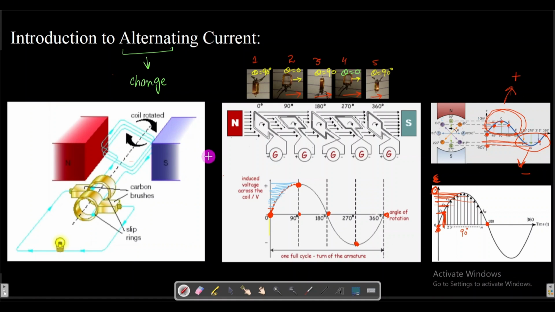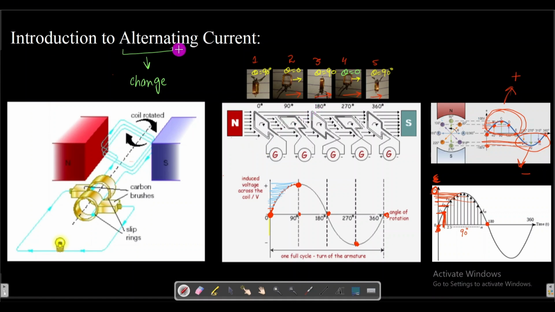Their magnitude is also changing. When the electron is at the mean position, the magnitude will be 0, and as it goes towards the extreme position, the magnitude will change for each small distance.